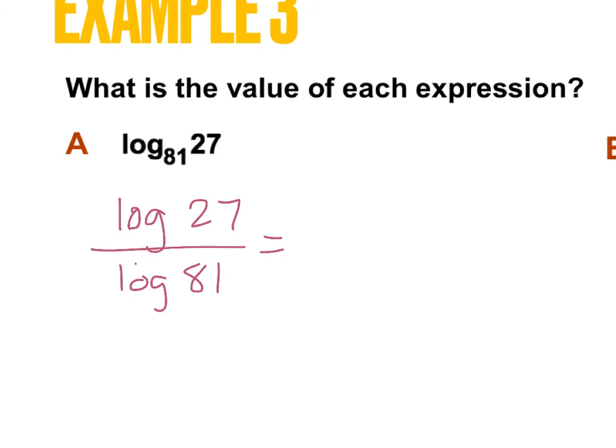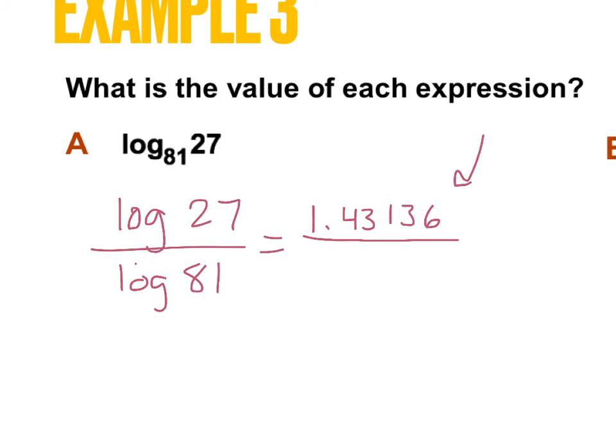So we're going to do the log of 27 in our calculator, which would give us 1.43136. Now it doesn't matter how many you write down here, but the more numbers that you write down and keep, the more exact your final answer would be.